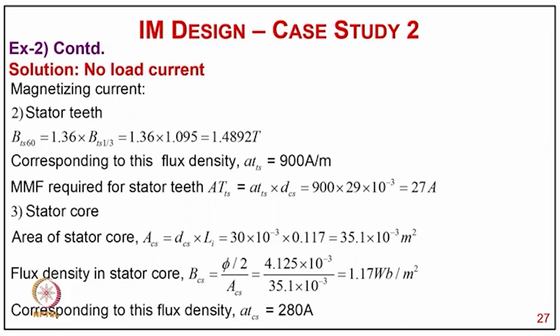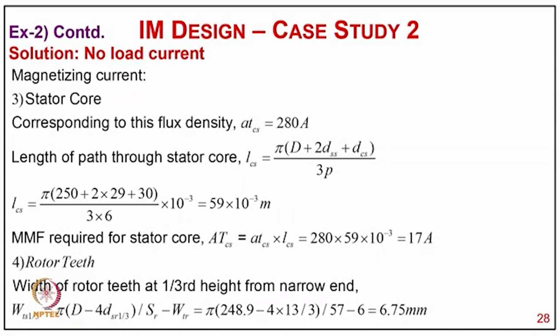And now for the stator core, the area of the core ACS equals DCS into Li, so it comes 35.1 into 10 to the power minus 3 meter square, and flux density in the core BCS is phi upon ACS, so it comes 1.17 Weber per meter square, and corresponding to this flux density per unit MMF atcs comes 280 ampere per meter.